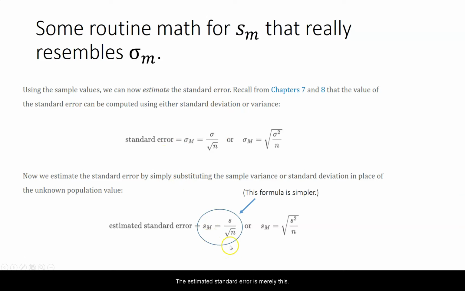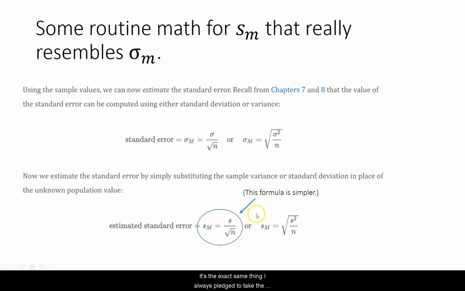The estimated standard error is merely this piece of cake. And this, of course, stands for the estimated standard error, which is merely the standard deviation, which I'm going to give you all the time. I don't want to take an indirect path and give you something different. I'll give you s every time, divided by the square root of n. So you can see it's very, very similar. Some routine math for that estimated standard error really resembles the standard error.